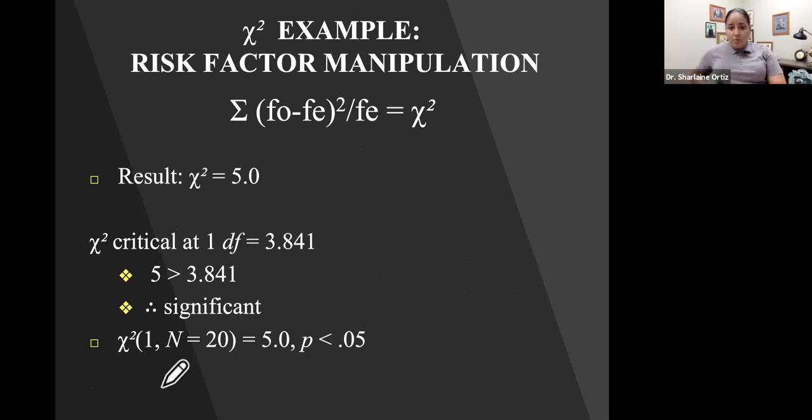Now, whenever we conduct these statistics, we take the frequency observed, for example, the frequency observed for other illness, minus the frequency expected.